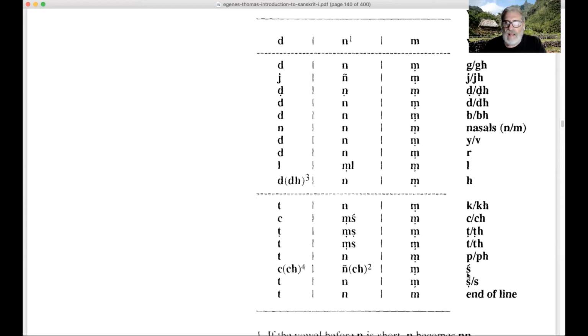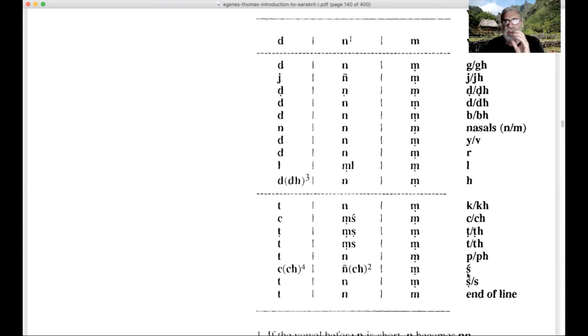Okay, so now number 2, the second superscript, is down here with that dental N, if it's followed by a palatal S. Palatal S means it's pronounced sh with the tongue flat. In the diacritics, it's got an acute accent. We don't have grave accents in Sanskrit, but we have acute accents. An acute accent is like going upstairs, the grave accent is like coming downstairs. I always remember it like that. And a little caret on top is called a circumflex. We don't have these other two, but we have the acute accent one.